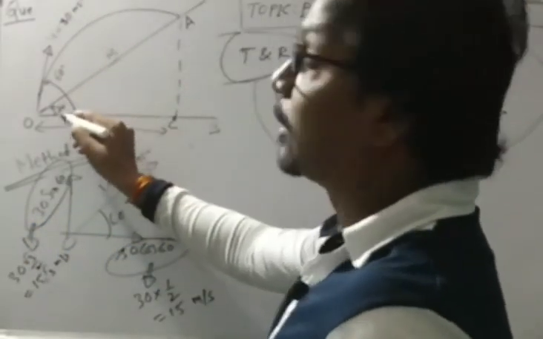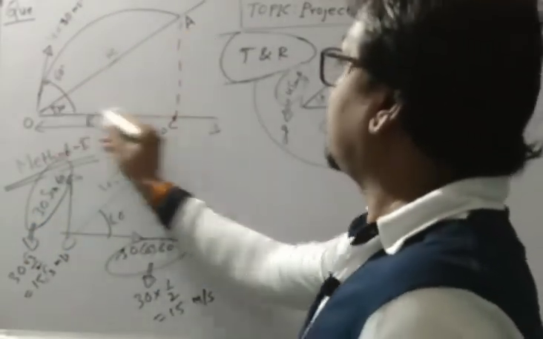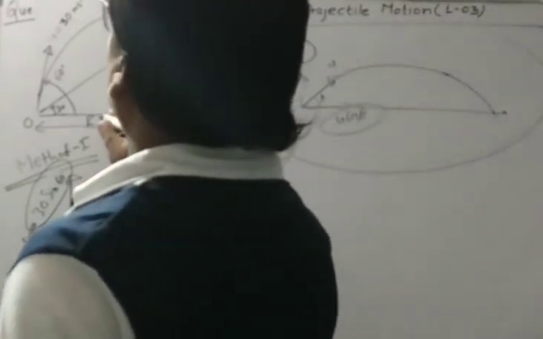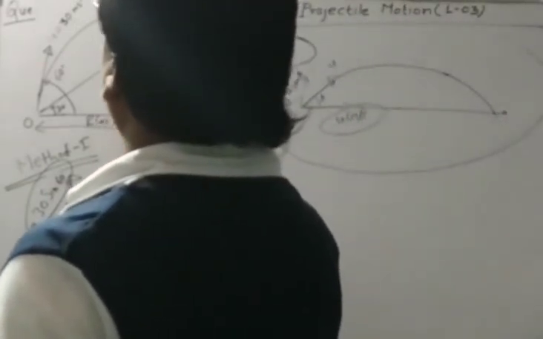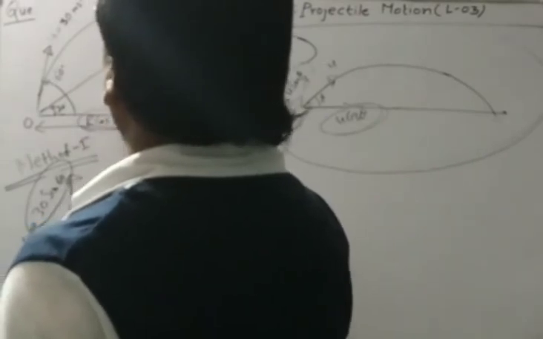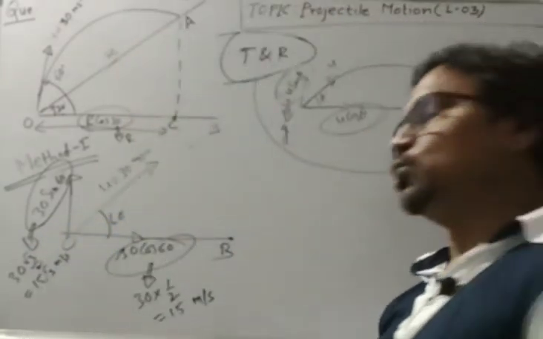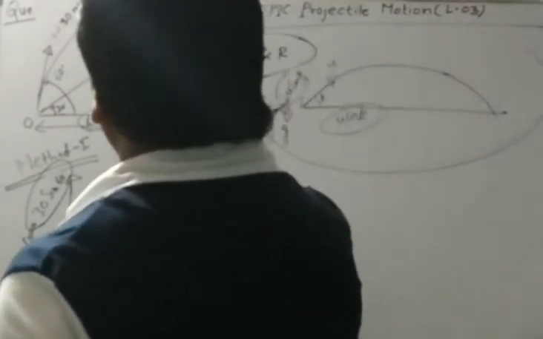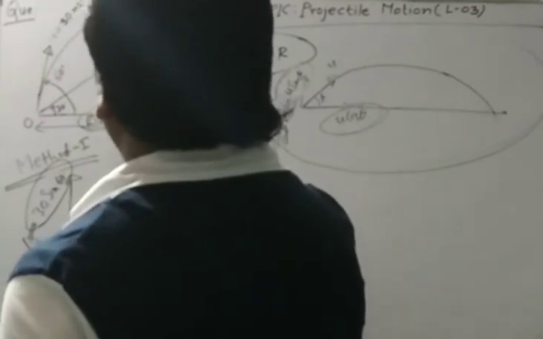This OC will be, I am considering this angle 30 degrees, the angle of inclination, so this length OC will be r cos 30, which is r root 3 by 2.